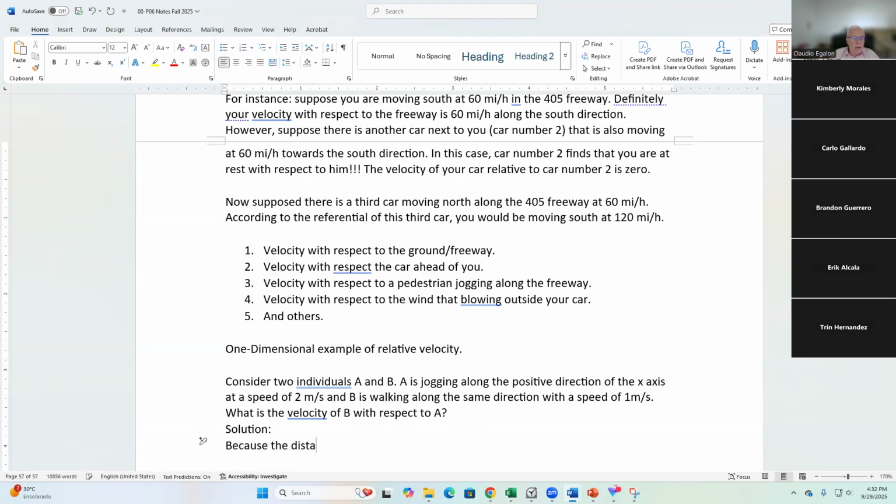Because the distance between A and B keeps on increasing as time goes by, and both individuals are moving in the same direction, and B is behind A, okay?